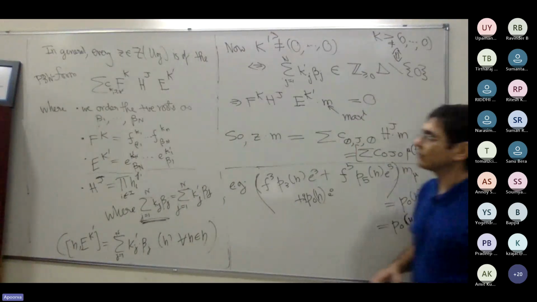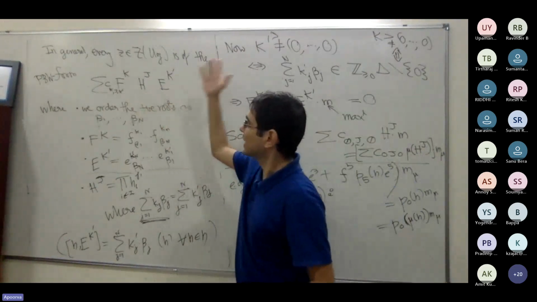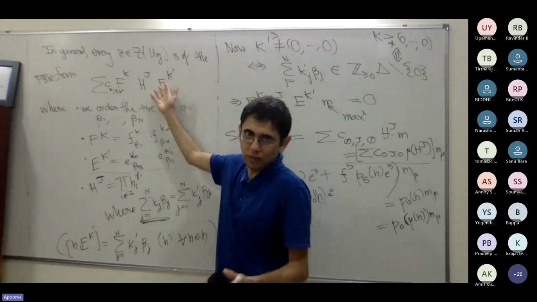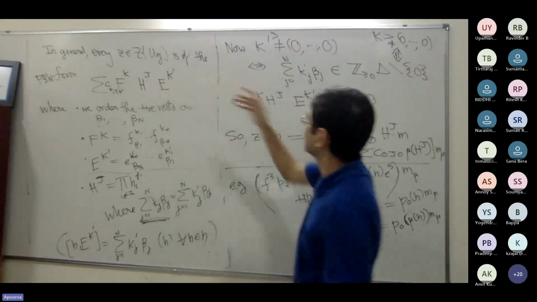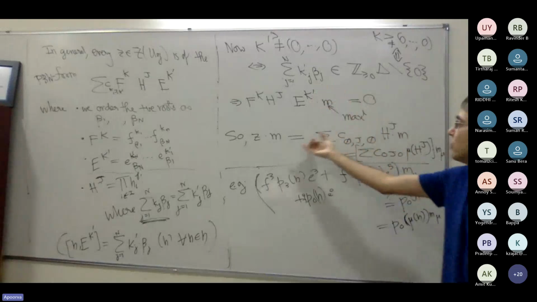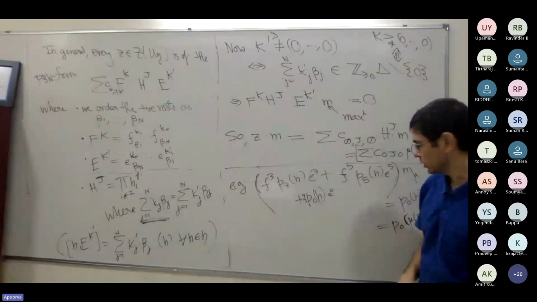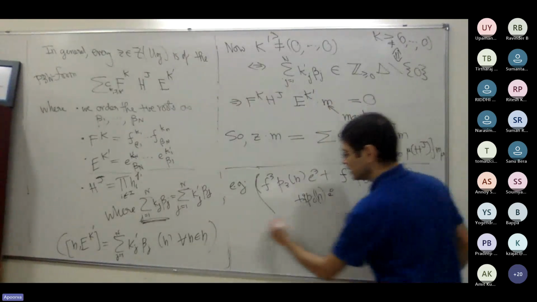Now let me tell you that there is a map that takes every element in the center, or every element of weight 0, to just the purely Cartan algebra part. Let me give you the definition.